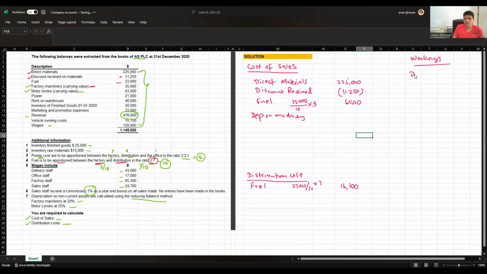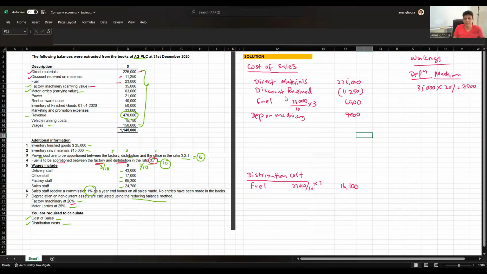How much is the depreciation amount for the factory machinery? 35,000 times 20%, which is 7,000. This factory depreciation should be under cost of sales, so you can take it under cost of sales.